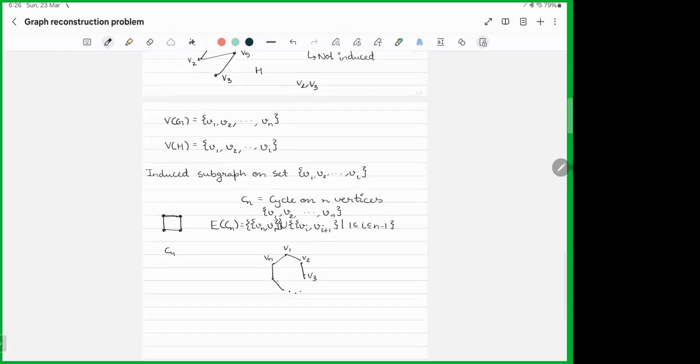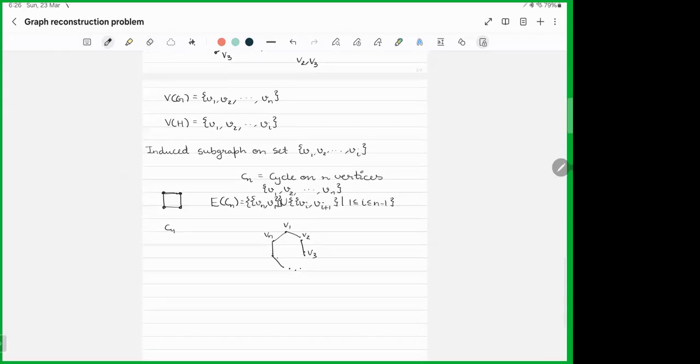Fine. So the problem which I wanted to tell you is, let us look at this graph C4. We have 4 vertices V1, V2, V3, and V4. I will delete the vertex V2 to get this induced subgraph on V1, V3, V4.